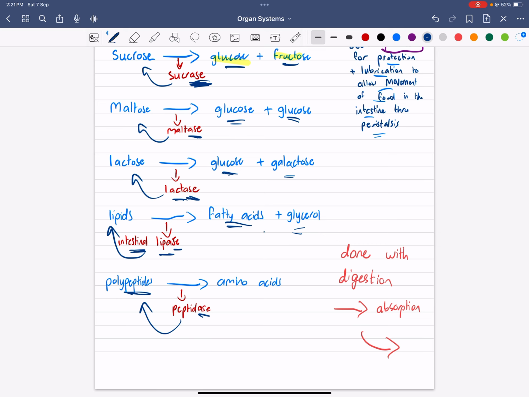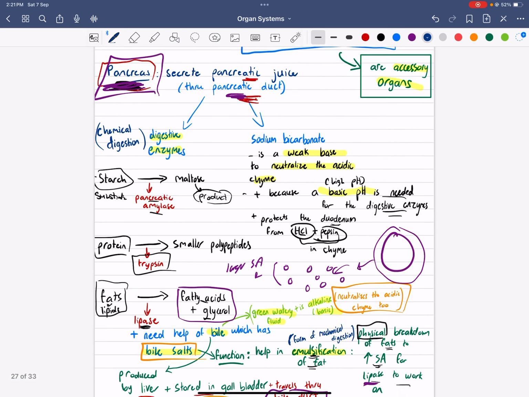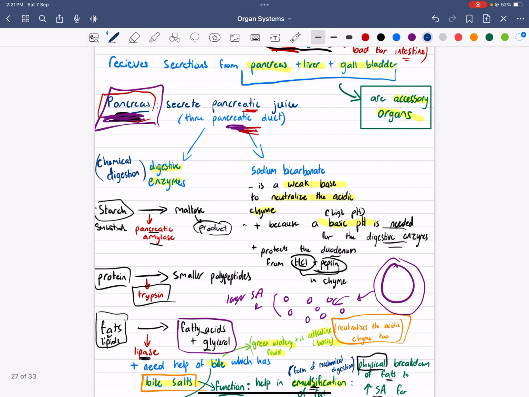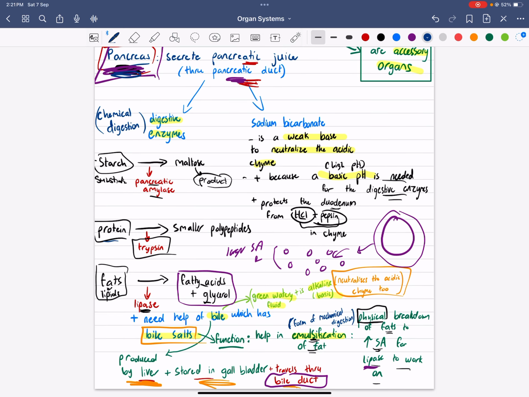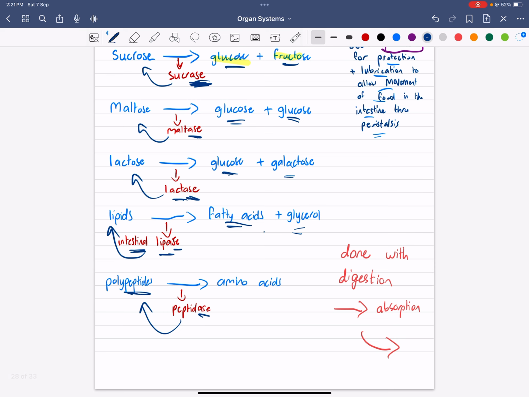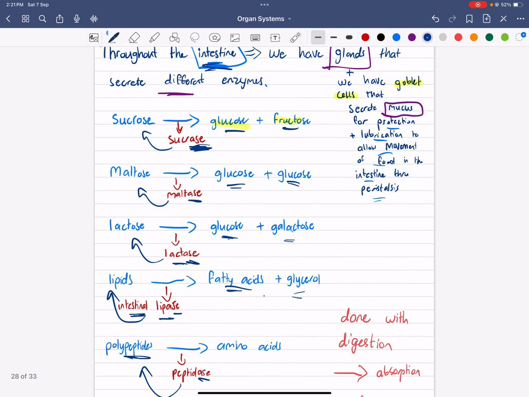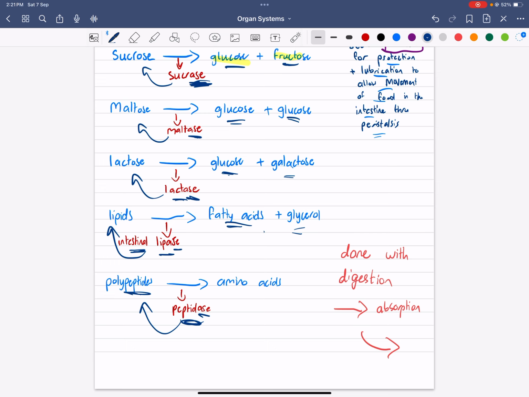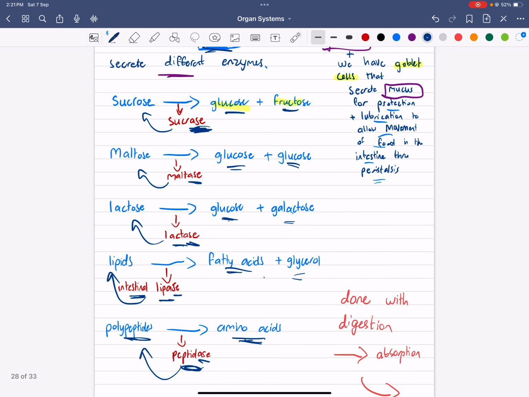From trypsin. And trypsin, as we said here, is released by the pancreas, and it breaks down protein into smaller polypeptides. Now all of those polypeptides accumulate together, so the intestine releases peptidase, which breaks down polypeptides into their amino acids.